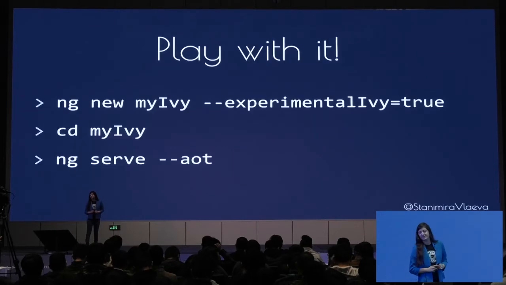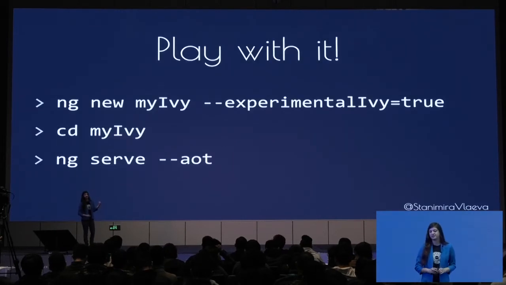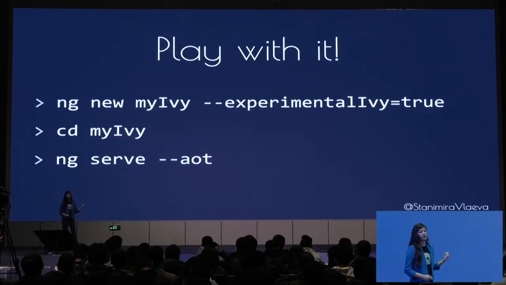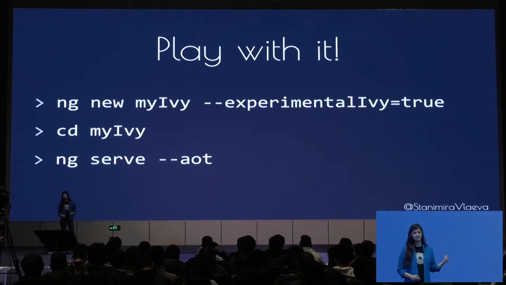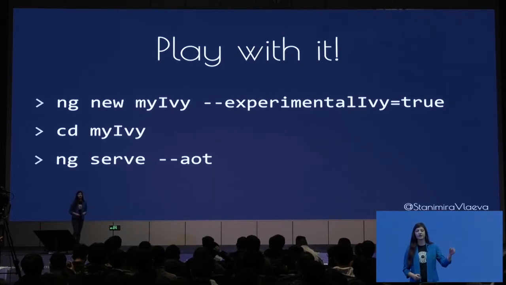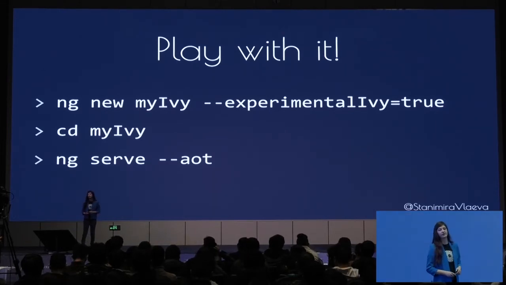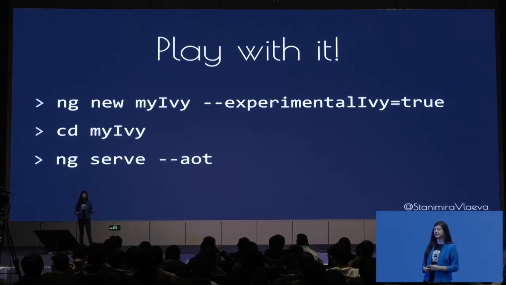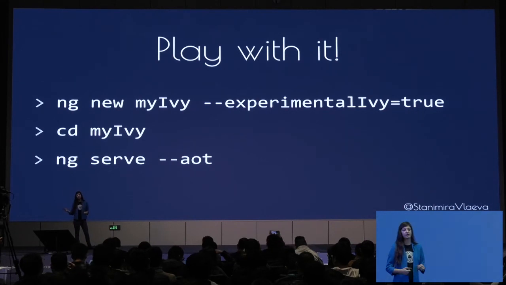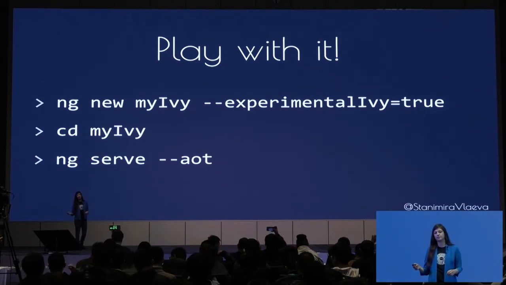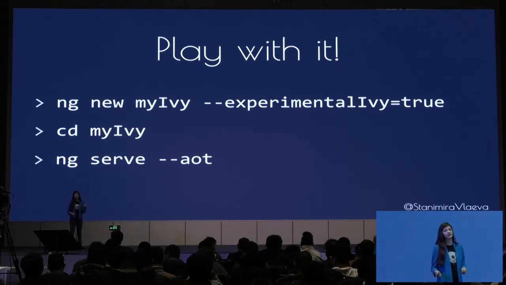Nice, right? And this is how you can create a new Ivy project with the Angular CLI. Just go ahead and play with it. It's really easy. Time to see some code, but you can go ahead and inspect your bundle and see how that looks. Okay, thank you.